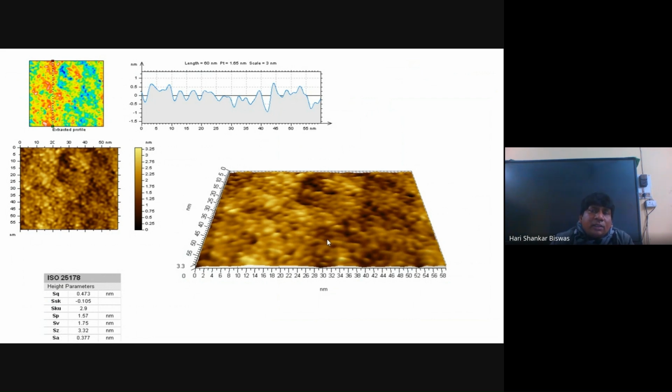This material is also very thin; the thickness of our material is 180 nanometer only. So we can't see it by naked eye, but since we synthesize it on the silicon surface, we can clearly see it by naked eye.